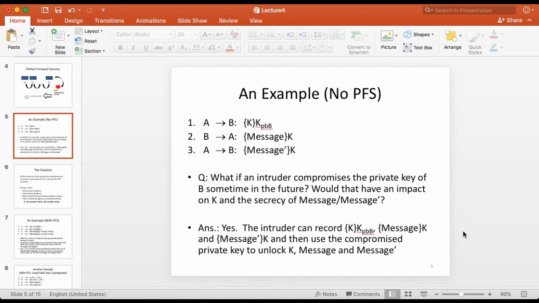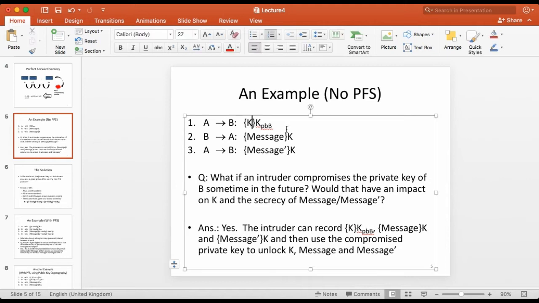So here is an example exactly of where the PFS property does not hold. We have a three-way handshake between Alice and Bob. Alice sends to Bob a session key that she's proposing for future communications within that specific session, and that key is encrypted with the public key for Bob.